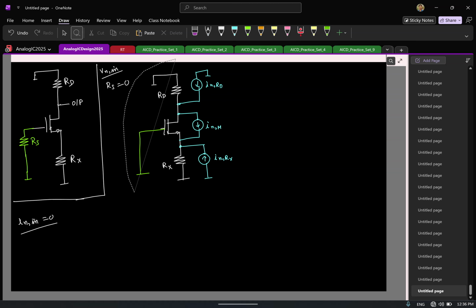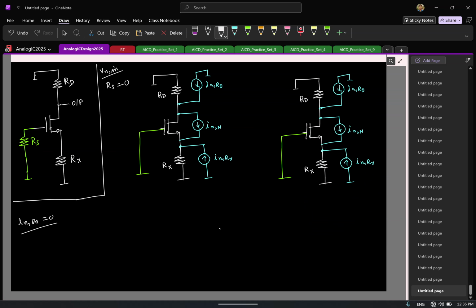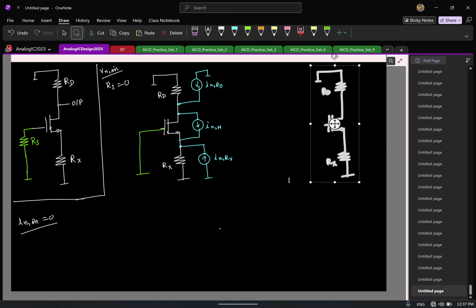As usual, I want to model this using the input referred noise voltage. So let me draw that to the side so that we have it for reference. At the input side, I'm going to have the input referred noise voltage.